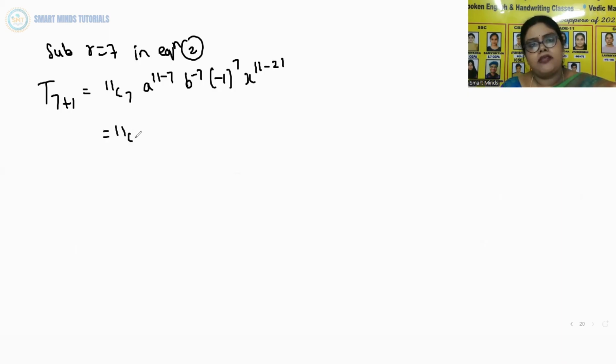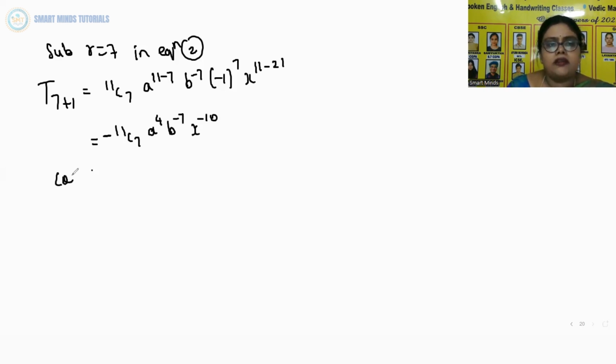So that is 11C7 minus 11C7, because minus 1 whole power 7 is minus 1. So this is minus 11C7 a power 4 b power minus 7 x power minus 10. So what is the coefficient of x power minus 10? Minus 11C7 a power 4 b power minus 7.